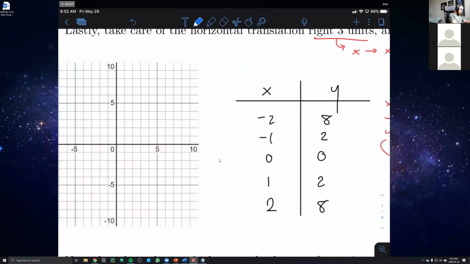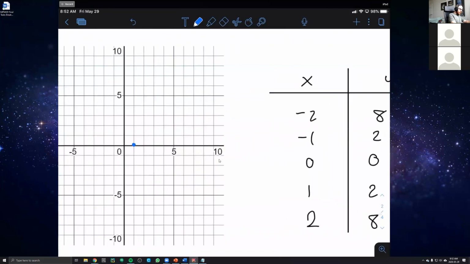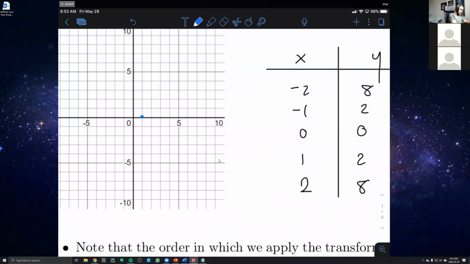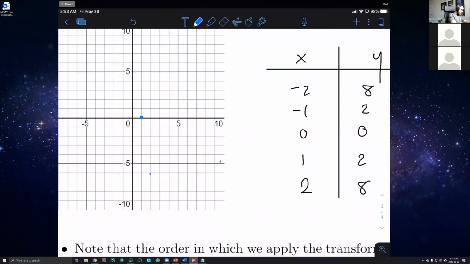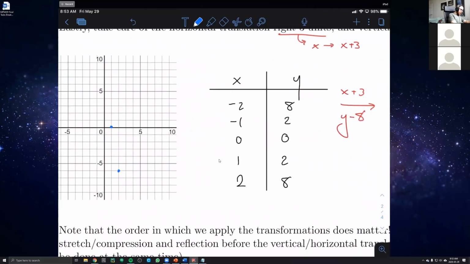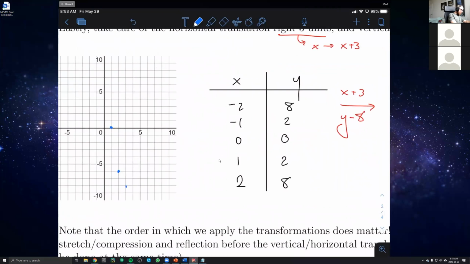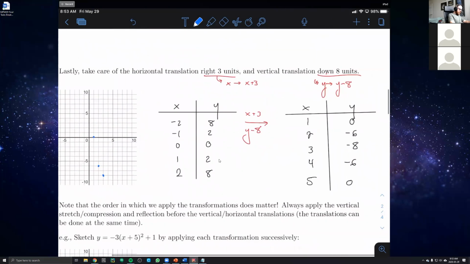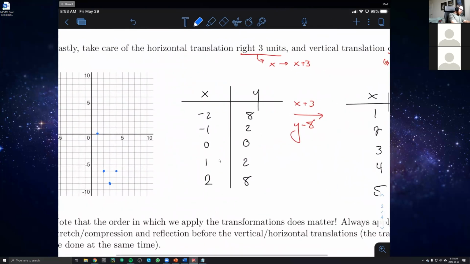So 1 and 0 right there. 2 and -6 right there. 3 and -8 right there. 4 and -6. Now the pattern just repeats. 5 and 0. And there is our new translated parabola.